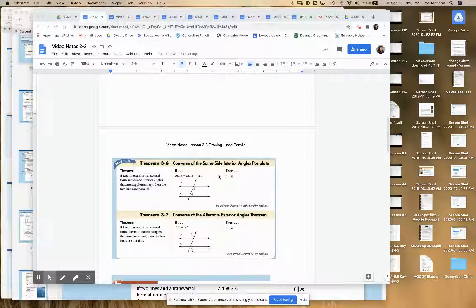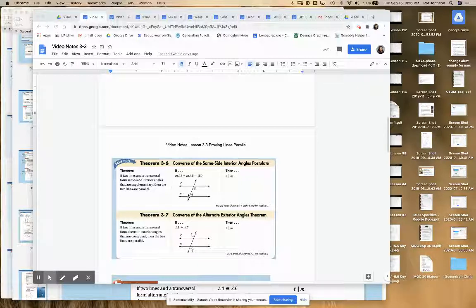Then we have the converse of the same side interior angles theorem. If two lines and a transversal form same side interior angles that are supplementary, then the lines are parallel. So if the measure of angle 3 plus the measure of angle 6 equals 180, then lines L and M are parallel.